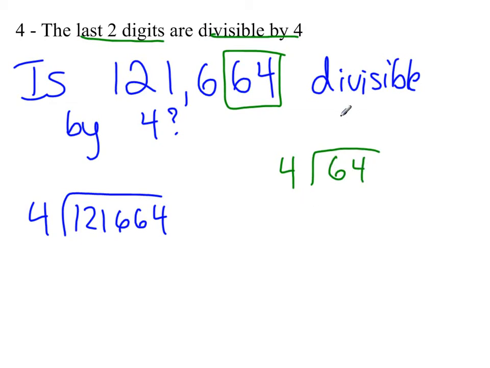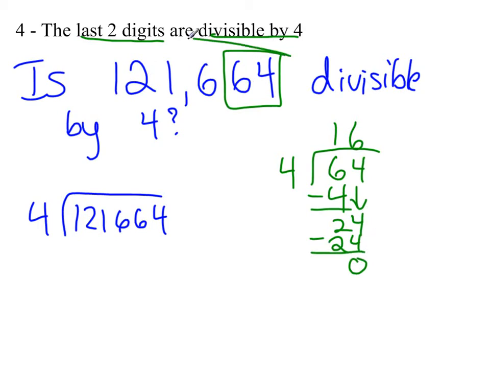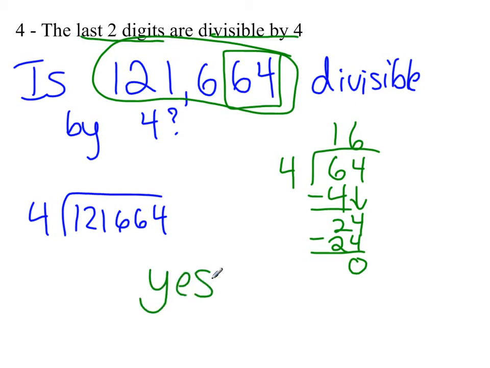Well, 4 times 1 is the closest we get. Subtract, we get 2, bring down the 4. 4 times 6 is exactly 24, so there's no remainder. So that means 64 is divisible by 4. So that means this entire number here is divisible by 4. So our answer to the question is yes, 121,664 is divisible by 4.